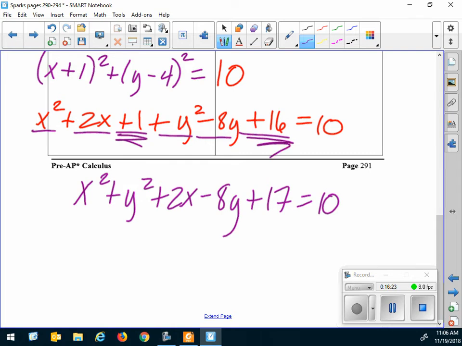So what's this going to be? Plus 7 equals 0. And there is general form, standard form, whatever. Please again notice the coefficients of the x squared and the y squared are 1, and there is a plus between them. That's the definition of a circle.